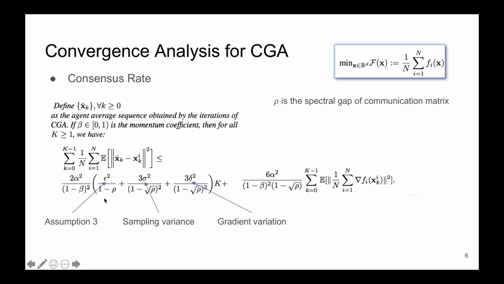Also, you can see this term can be tuned to be reduced by using the step size alpha, and beta is the momentum coefficient. And this term is a summation of the squared norm of average gradients. This term can also be reduced by tuning the step size and momentum coefficient beta.